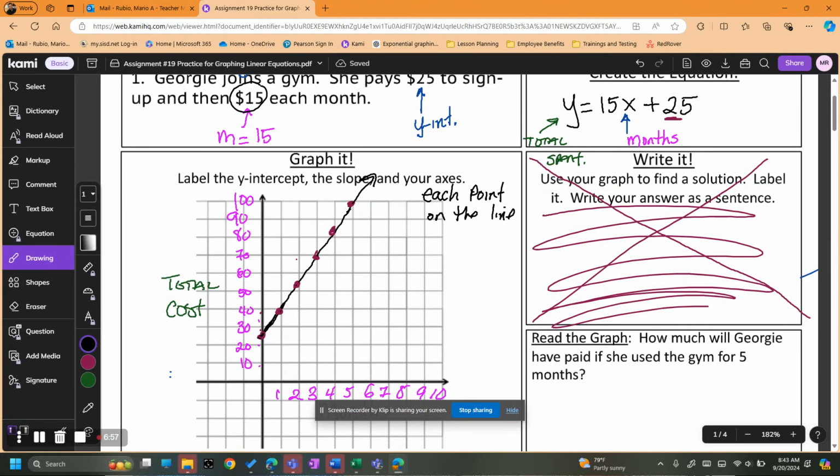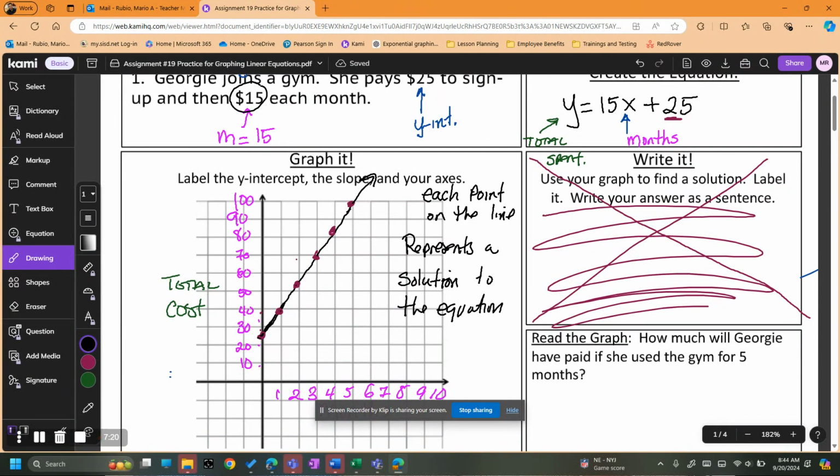Every single one of these points, each point on the line represents a solution to the equation. So what does that mean?